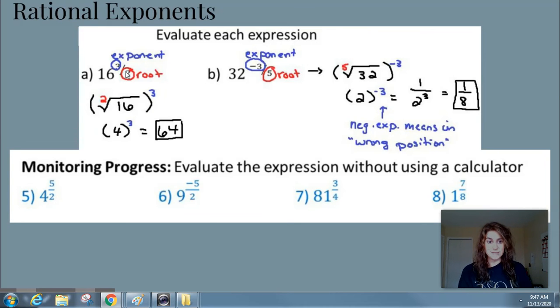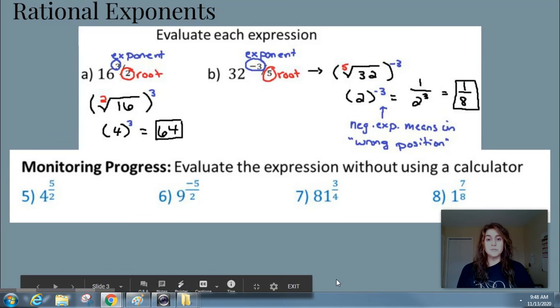Obviously, yes, I can put this in a calculator, and we probably will do that most of the time, as long as it says I can simplify and approximate or estimate your value. So these ones clearly say without a calculator, excuse me.